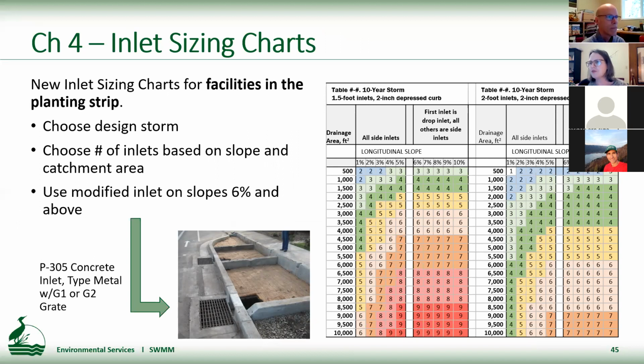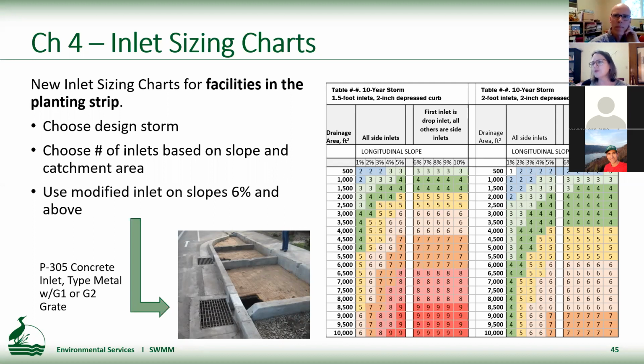So for new stormwater requirements for the behind the curb facilities, for the planting strip facilities, we have some new inlet guidance. So we have 3 tables that help you figure out how many inlets to put along your facility. And this is based on your catchment area, your slope, and then also the design storm that you are working for or designing to.